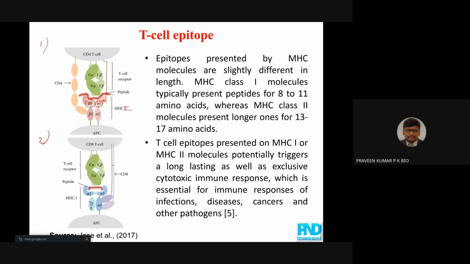You remember I explained the MHC1 pathway: if any bacteria or viruses are engulfed by the antigen presenting cells, like dendritic cells and macrophages, which can engulf the bacteria or viruses invading our body, then the proteasomes present in the APC degrade the virus membranes, and the proteins are released and further degraded into small peptides.